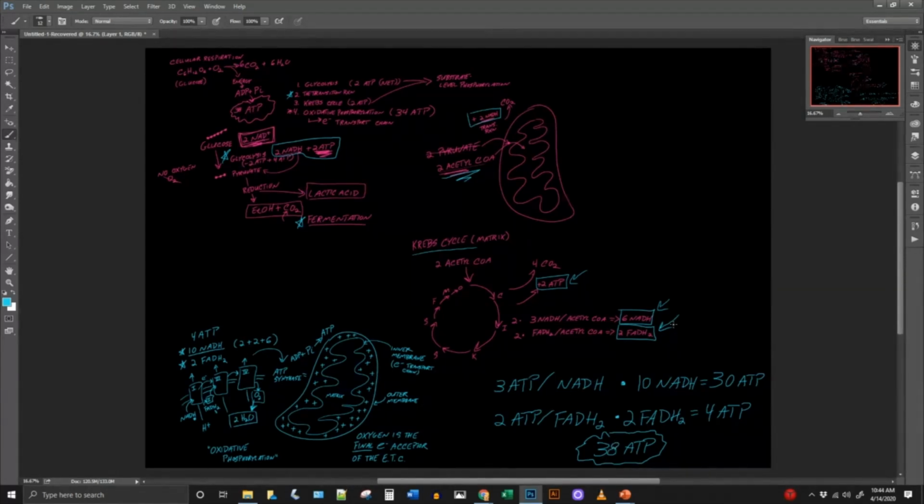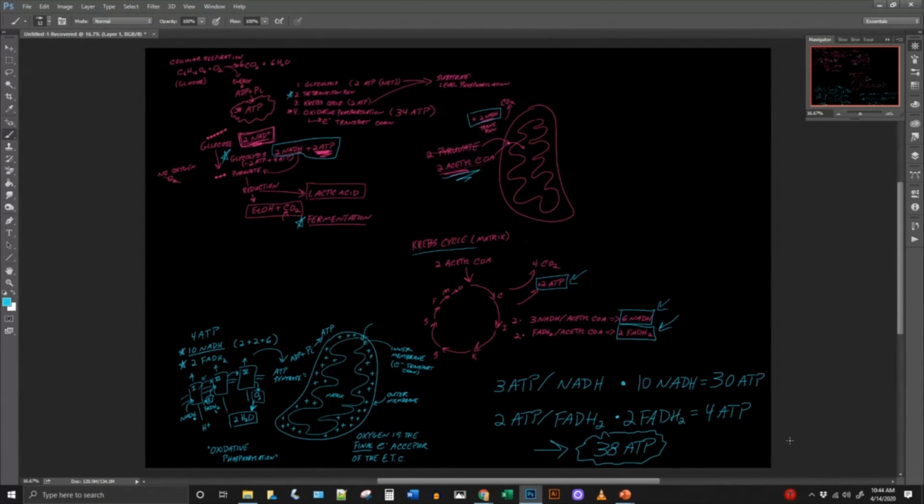That's the idealized perfect number of ATP that you could get from this process. We never really get that number. Usually it's going to net somewhere around 34 ATP or 32 ATP, something like that. Sometimes this inner membrane is a little bit leaky, so you don't get 100% ATP production out of these hydrogen ions, but 38 is the idealized number.